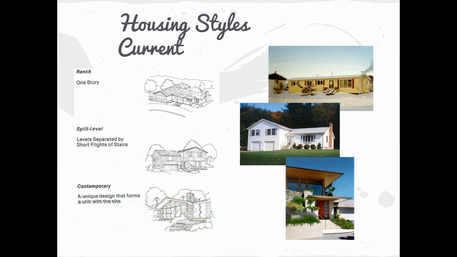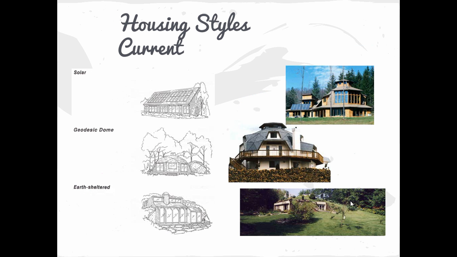And then we have more of your current styles, which again, you're going to see a lot of these in Northlake, Schiller Park, Franklin Park, River Grove, etc. So we have your ranch, which is just a ranch level one-story home. We have your split levels, which have stairs, built-in garage, etc. And then we have the contemporary, which just has very clean lines, as you can see in the picture right here on the right.